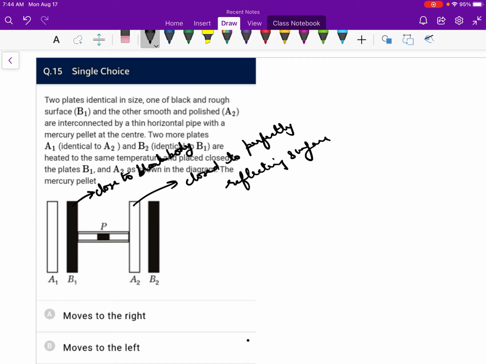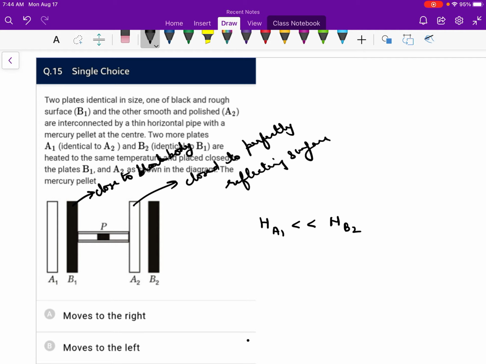So in comparison to B2, A1 emits very little. The emission power of A1 is very less as compared to that of B2.